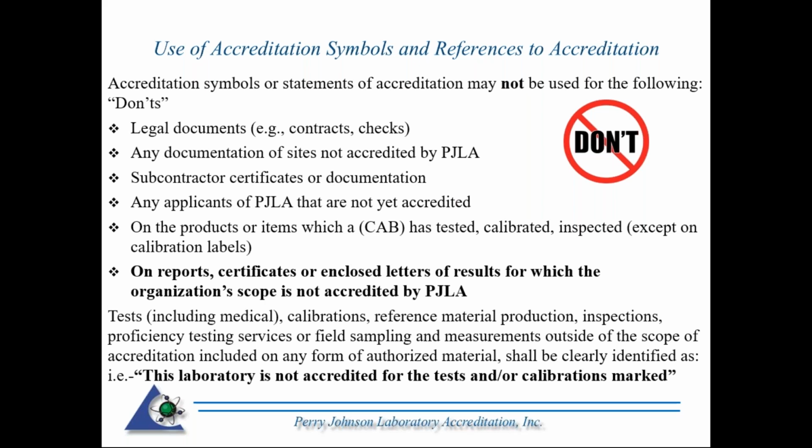This could be an instance where perhaps you're doing testing and you may have a couple different results on that testing report, where perhaps 3 of the 4 tests are covered on your scope of accreditation. You can include them all on that report, for example. However, you have to highlight or indicate that one test as not being something that is covered under your scope of accreditation.